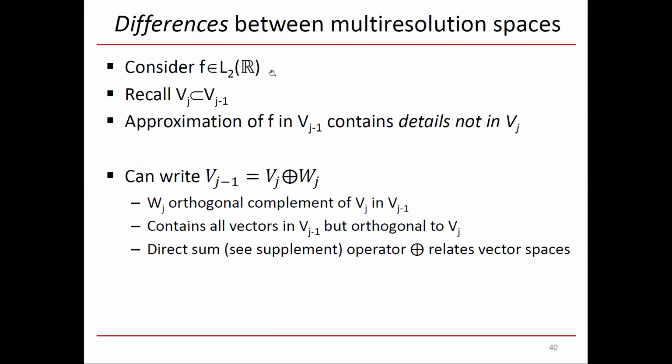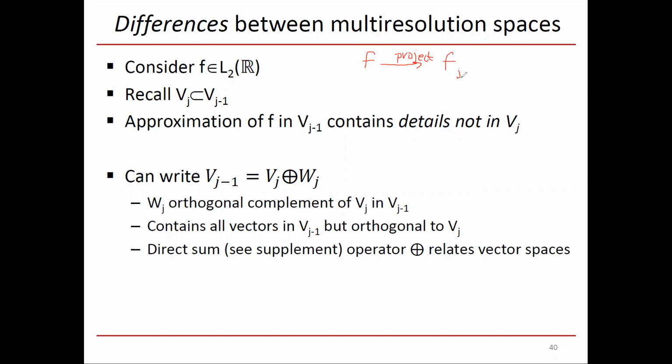So here are the differences between multi-resolution approximation spaces. Recall that f is a function in L2 of R, and Vj is nested in Vj minus 1, and the approximation of f in Vj minus 1 contains details that are not in Vj. So to try to sketch this, we have f, and we can perhaps project it to Vj.